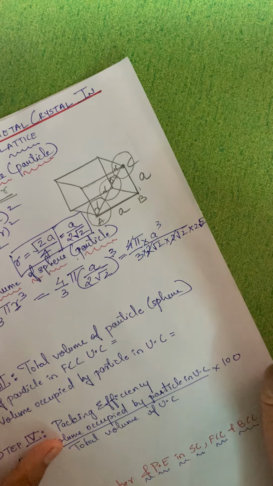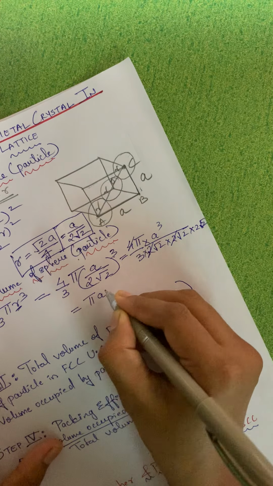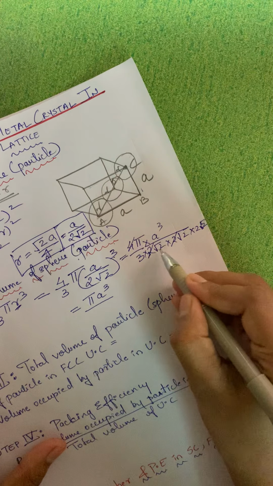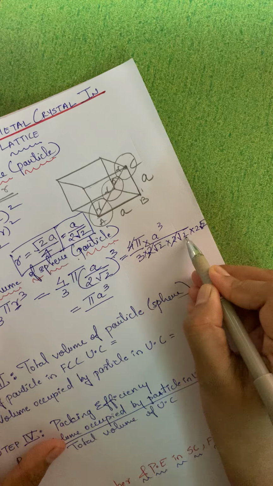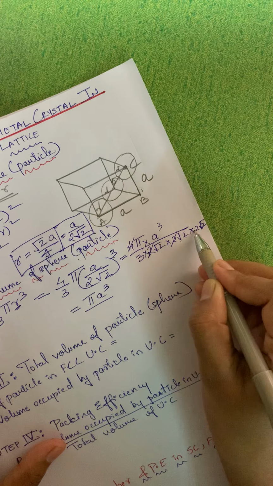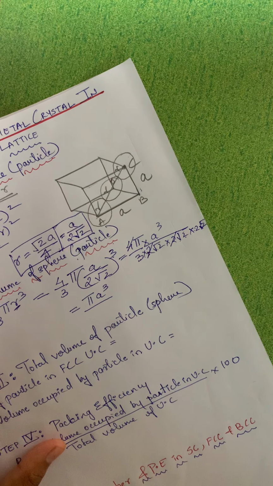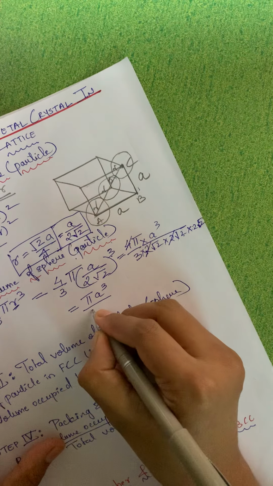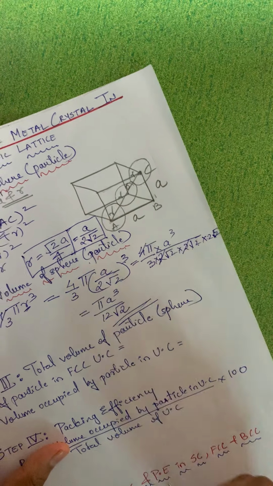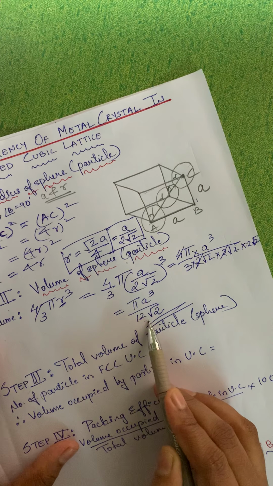Up here it will be pi a cube. Down, root 2 into root 2 is nothing but 2, so 2 into 2 is 4, 4 into 3 is 12, so I get 12 root 2. This is my value for volume. You can just solve and afterwards check the answer.